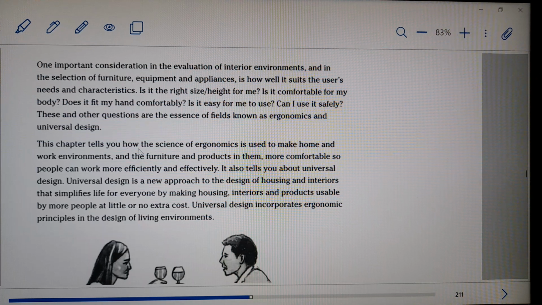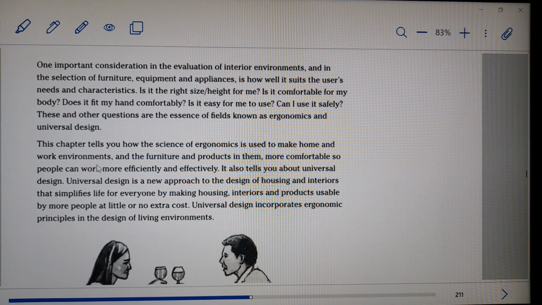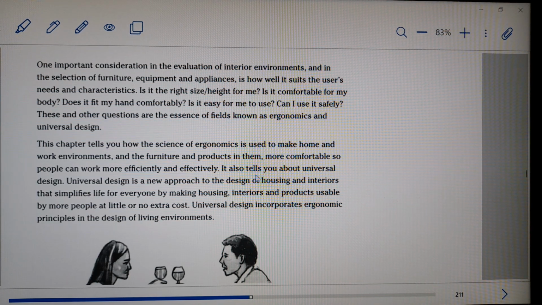This chapter tells you how the science of ergonomics is used to make home and work environments and the furniture and products in them more comfortable so that people can work more efficiently and effectively. It also tells you about universal design.